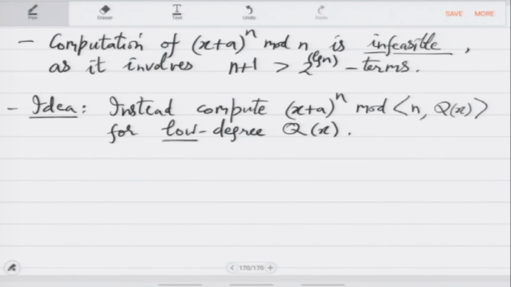So q is not very high degree, and how do you compute (x plus a) to the n? It still has many terms. Well, you can now use repeated squaring. Since you don't want the whole expansion of (x plus a) to the n, but you only want the remainder, you can compute this by repeated squaring.